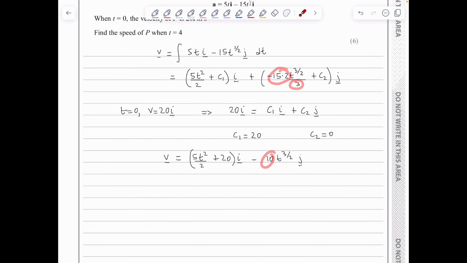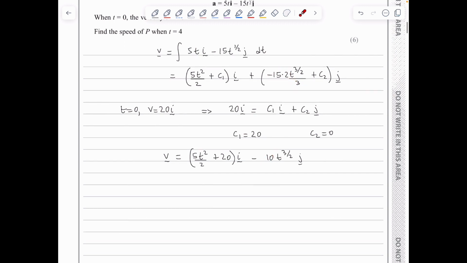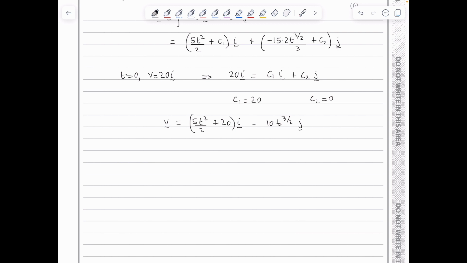We are after the speed of P when t is 4, so I substitute into the expression for the velocity. I get 5 times 4 squared over 2 plus 20, that's the i component, minus 10 times 4^(3/2)j, which gives me 60i minus 80j.